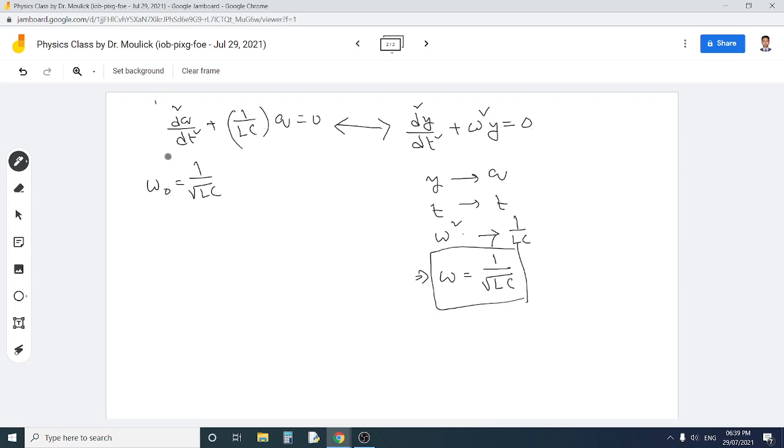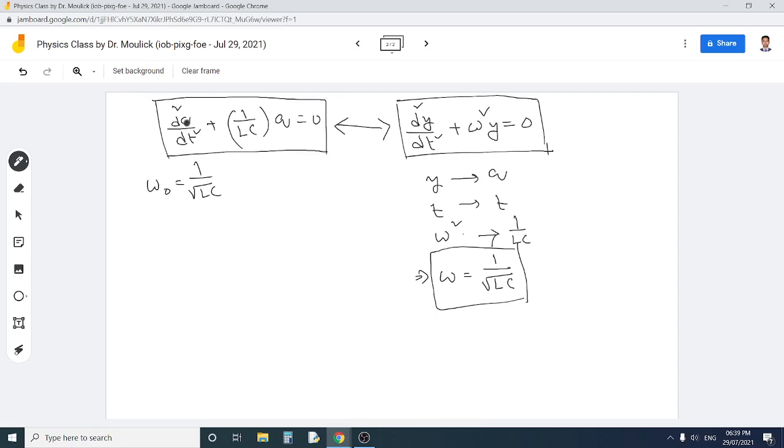Just as a bob of a simple pendulum or a mass connected to a spring oscillates and gives you simple harmonic motion, similarly here you will get simple harmonic motion for the charges and the current.